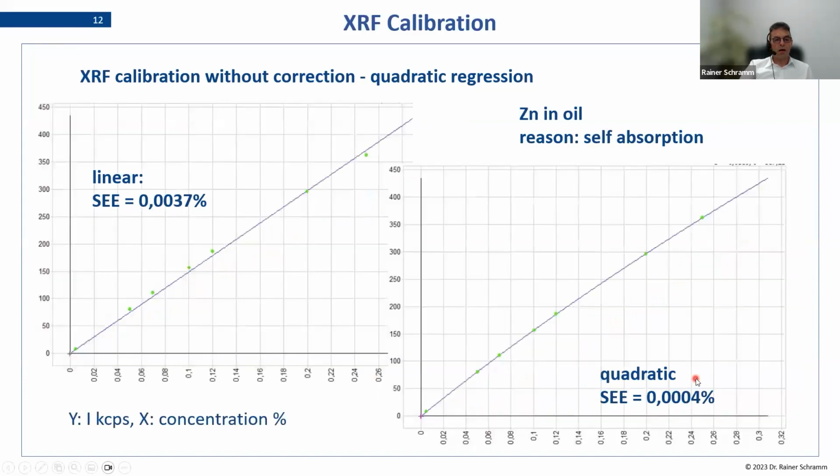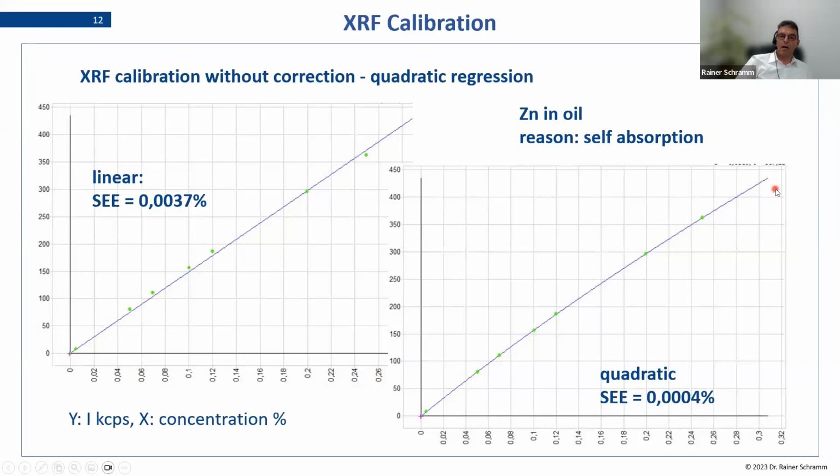Another example, now more serious, is zinc in oil. Here we have about 10 times higher intensity than in the silicon case I presented. And here we really have self-absorption, so here I can explain why we have a curve. That means the more zinc is in that sample, the more zinc is absorbing zinc and taking away a bit of the signal. And this is why I get a curve.